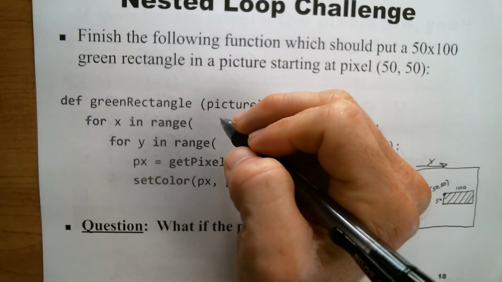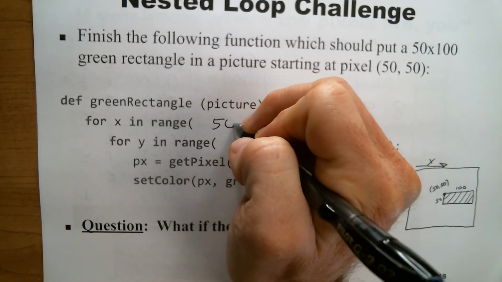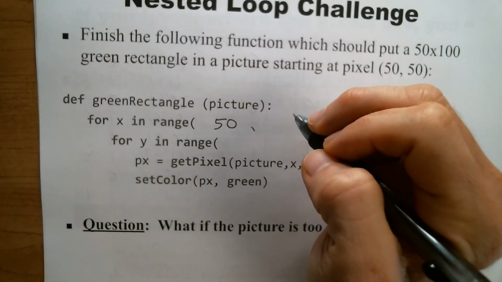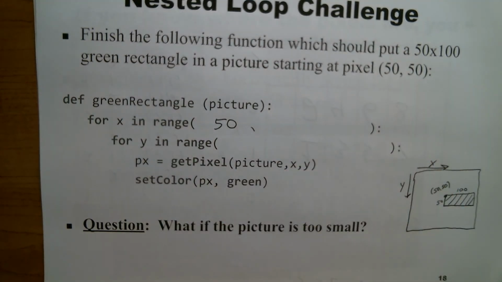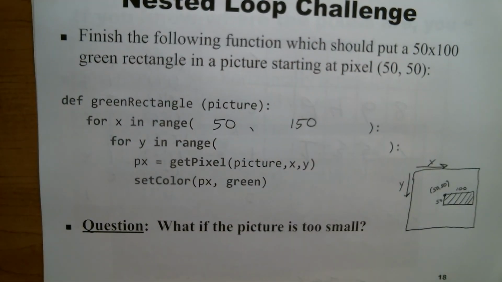All right, so our range would want to start at 50. And then this is the X. So our X is going to need to be 100 long. So we're going to go from 50 to 150. And you might be saying to yourself, wait, 150 is only going to bring us to 149.